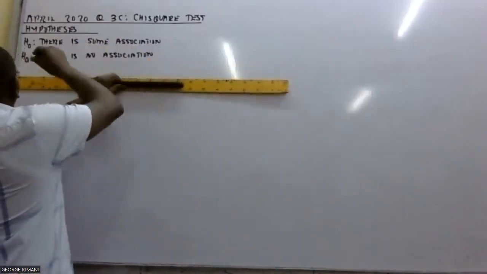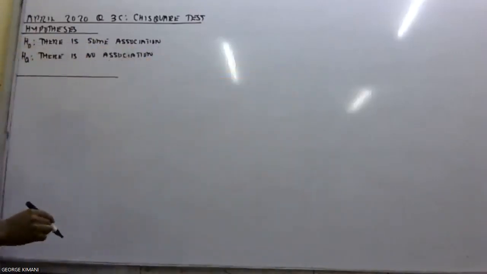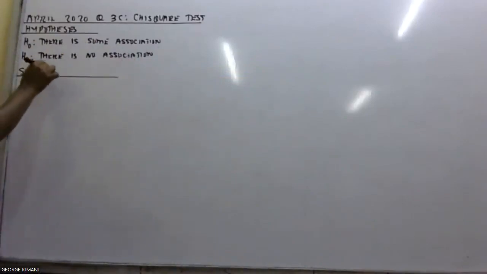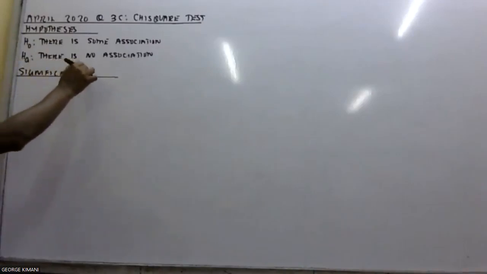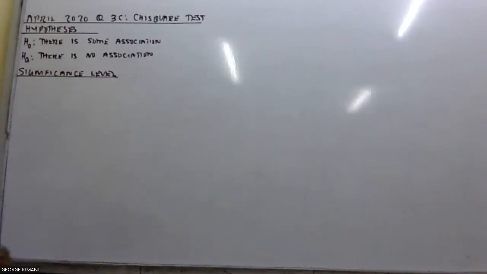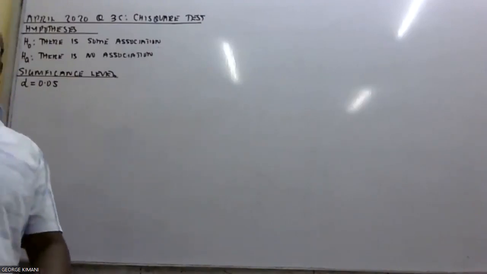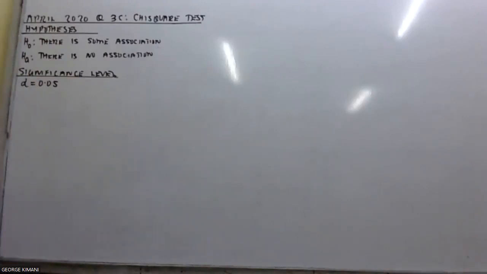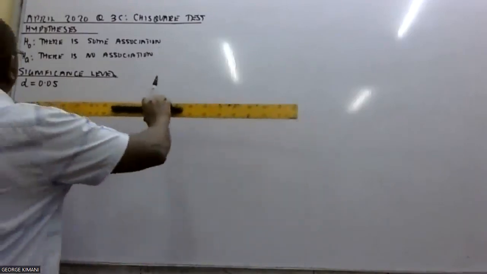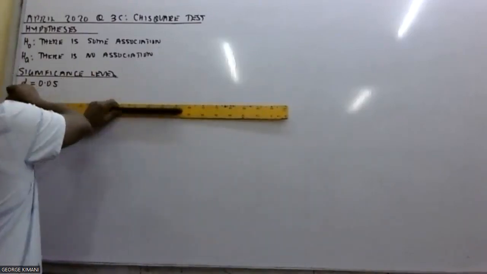From there, as you know, we go to the second step, which is called significance level. Now, significance level, we have alpha at 0.05. Then we go now to test statistic.